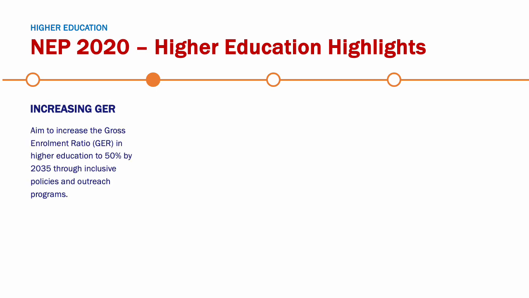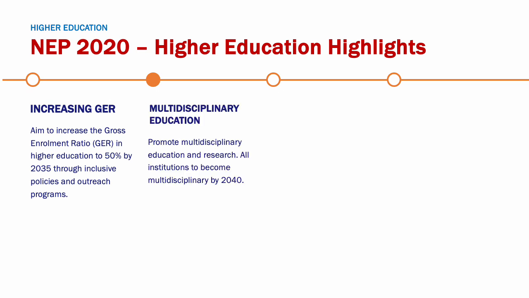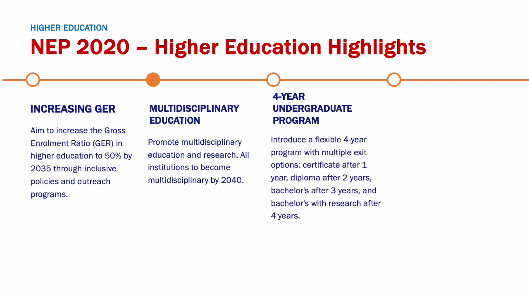As we discussed in the previous slides, one of the aspects was to increase the gross enrollment ratio as well as introduce and ensure that all institutions carry forward interdisciplinary and multidisciplinary education. Along with this, a key highlight is the introduction of the 4-year undergraduate program with multiple exit options.